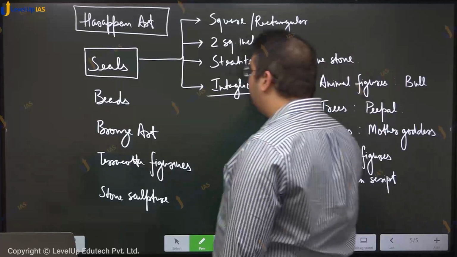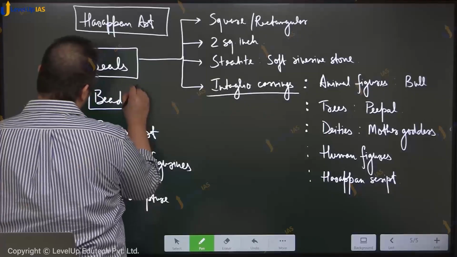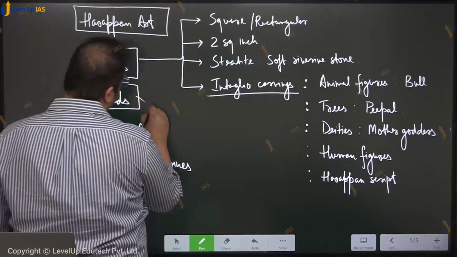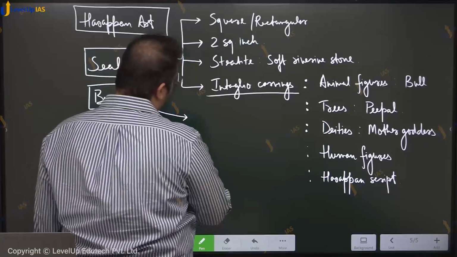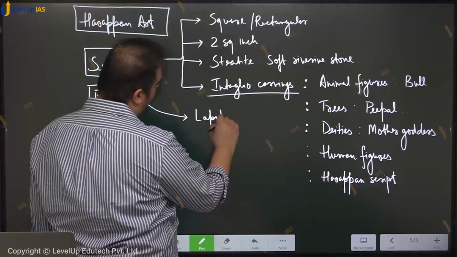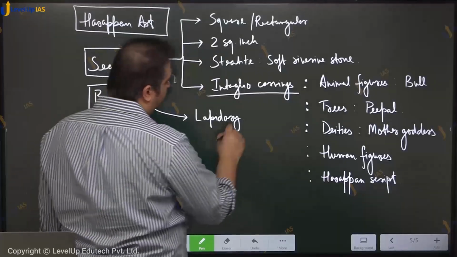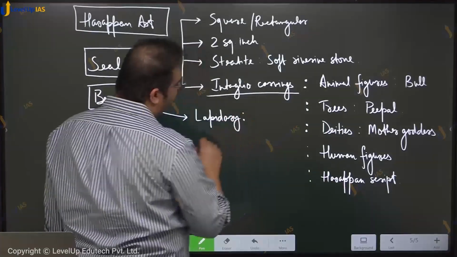Then we have jewelry made of beads. What do we call the bead making industry, that activity? Lapidary. Most significant center of lapidary activities?